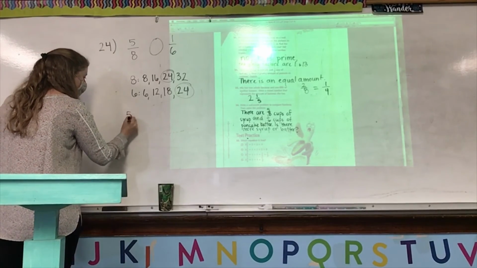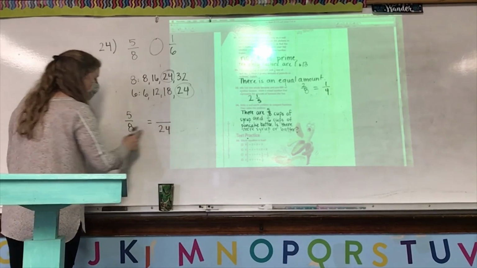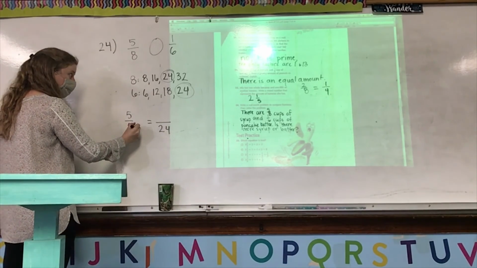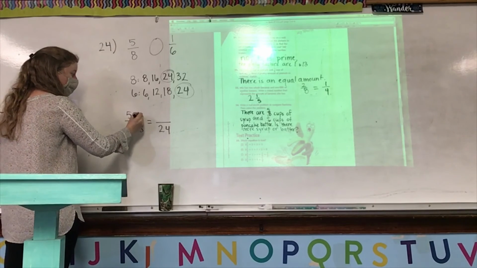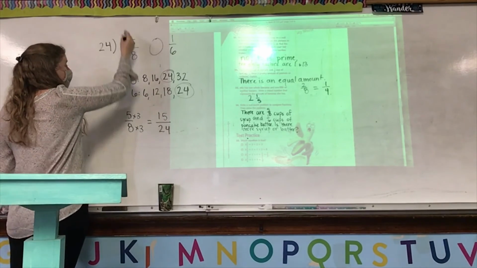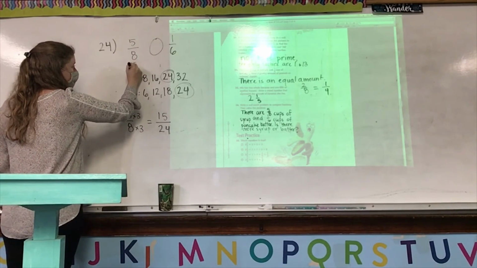So let's start with 5/8. What do we do to 8? We multiply it by 3. Which means what do we do to our numerator? We multiply it by 3. 5 times 3 is 15. So 5/8 is equivalent to 15/24.